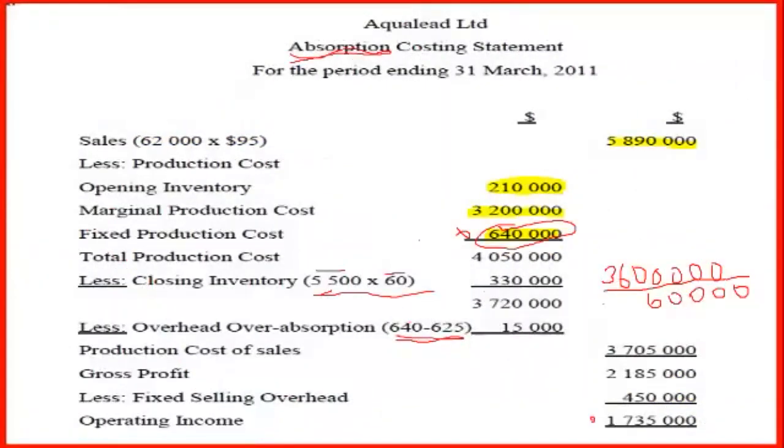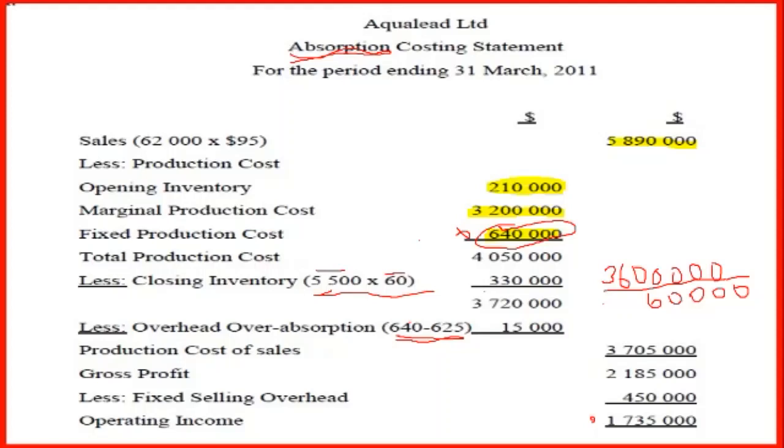Gives us the 15 here. Okay, so the total here, which is the budgeted figure. So the actual figure that is spent minus the budgeted figure, the absorbed figure, sorry, gives us the 15,000.